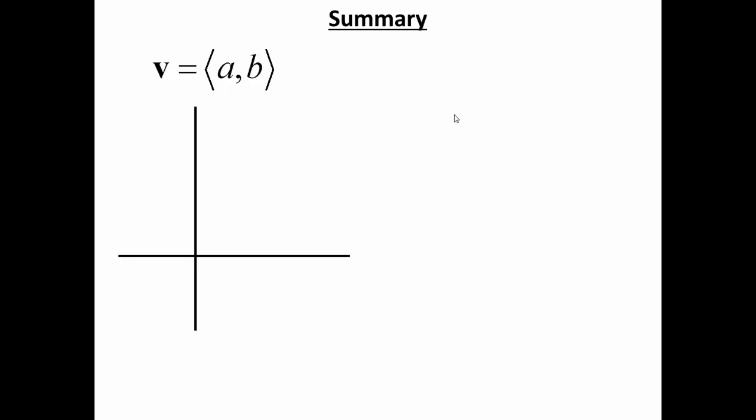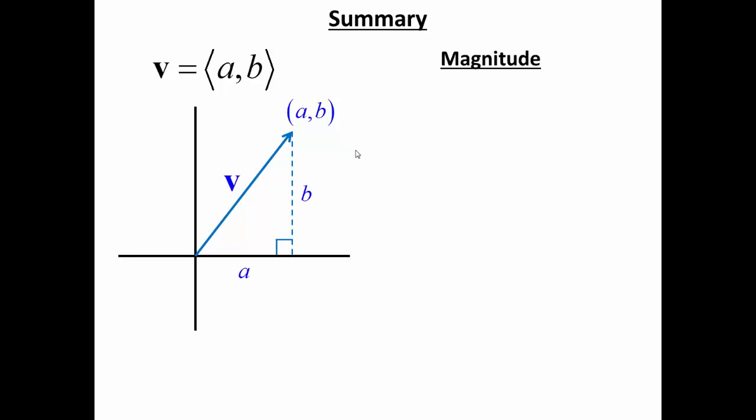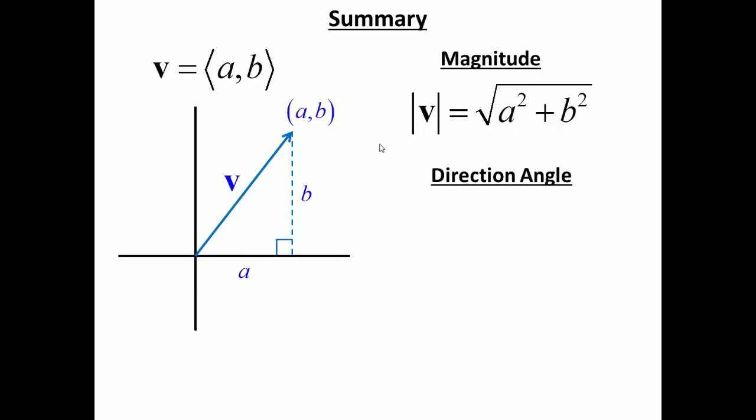Alright, at this point, once we've gone forwards and backwards, I like to take a step back and summarize everything. This is a great opportunity for you to write down one small place in your notes to keep all the handy-dandy formulas available to you, because these are really going to be the same formulas we're going to be using throughout this chapter. If I have a vector in component form, AB, that means I have a vector that ends at the coordinate AB, starting at the origin, which creates a little right triangle, with side lengths of A and B. The magnitude can be described using the Pythagorean theorem, which is equivalent to the absolute value of that coordinate AB.